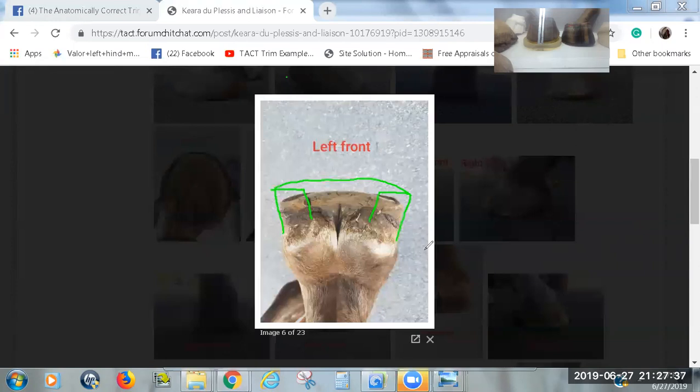And so what we do is you start growing the heels, and now the frog would fill in there. And then the frog would be like that. That's about how much more foot the horse needs. Wow, that's a lot.